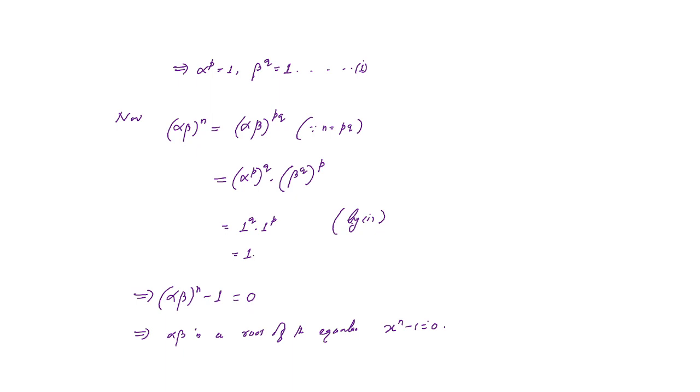Now we are thinking about special roots. So how will alpha beta be a special root? Okay. So that means we will say alpha beta is not a root of x to the power k minus 1, where k is less than n and is an integer.